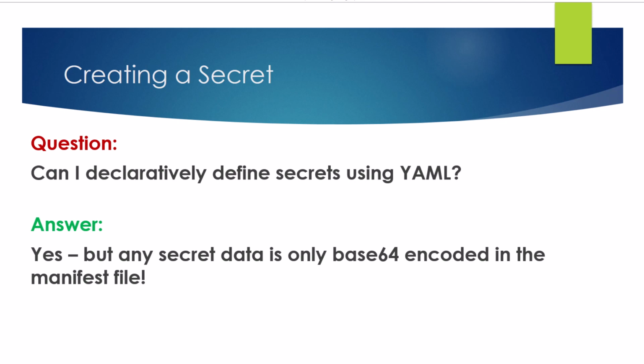So you need to understand that if that file is just sitting around in source control, for example, and anybody can get to it, then your secrets might be exposed. So if you want to go this route, you would have to be really careful to secure that type of file, because any of the key value pairs in it are only base64 encoded.